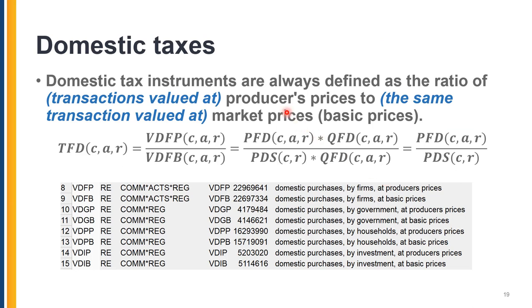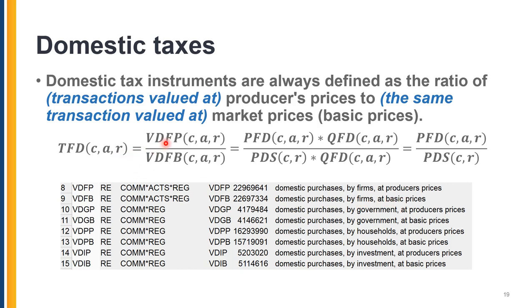Okay, so this producer or payer version of the price, let's elaborate on that with something like TFD. This is the tax paid by firms on their domestic purchases, so this is an input tax. If we went to find it in the database, we would see VDFP over VDFB: domestic purchases by firms at producer prices, domestic purchases by firms at basic prices.